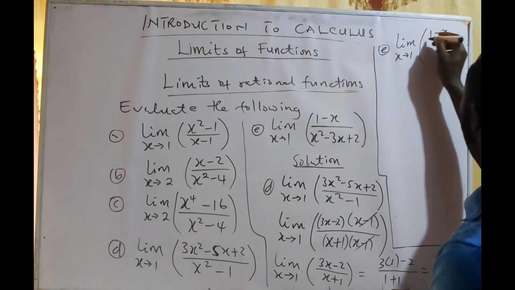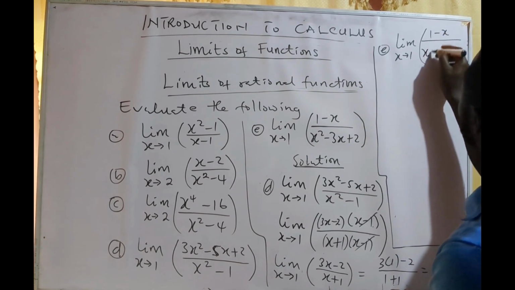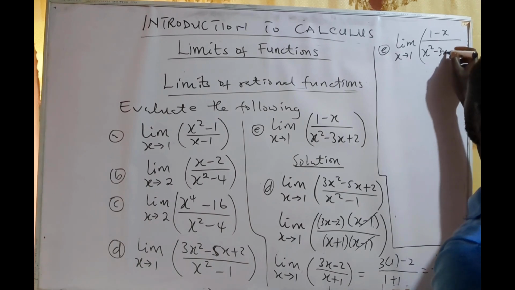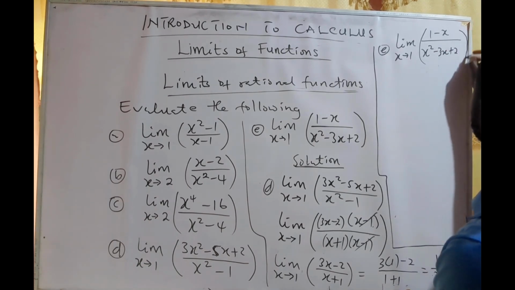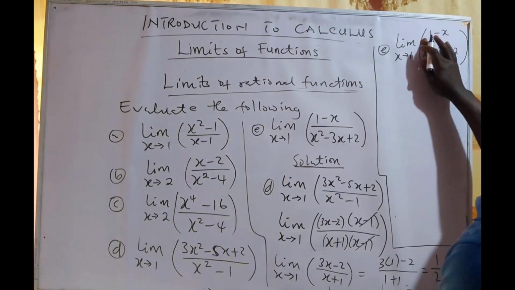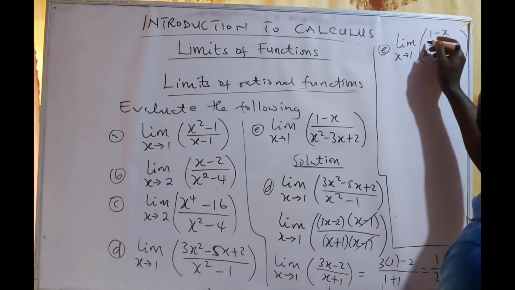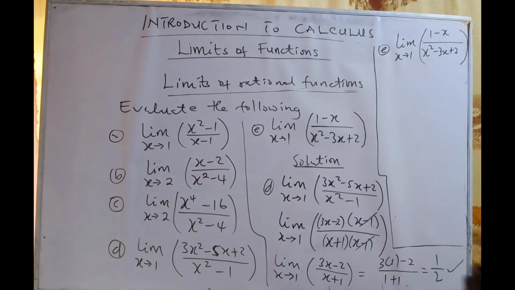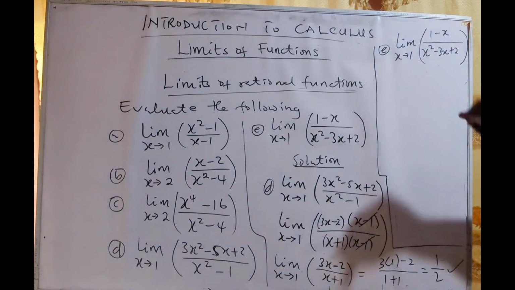Okay, so the e, we have the limit as s approaches 1 of 1 minus s over s squared minus 3s plus 2. So we have this. Let's see if we substitute 1, what is going to happen.